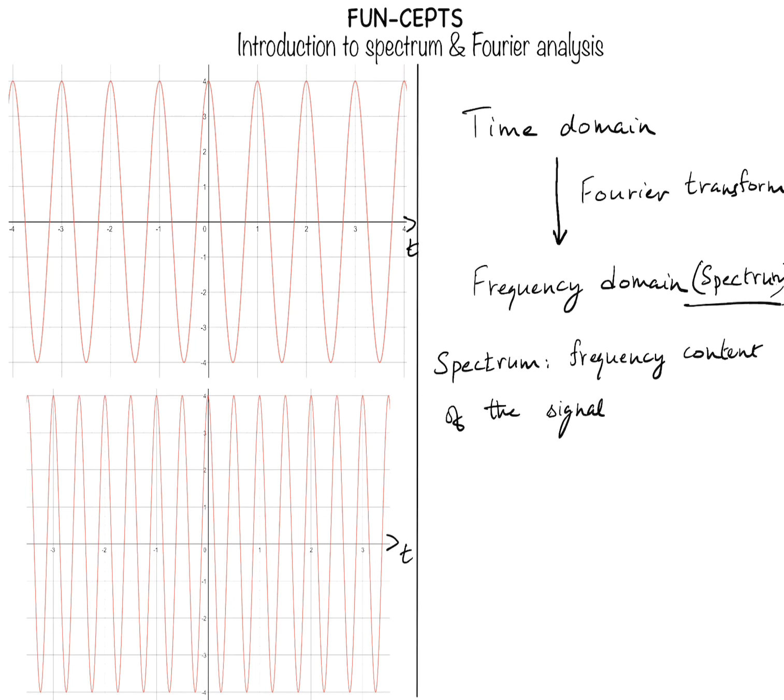But the frequency content itself can be of two types. We can have the magnitude of that particular frequency, but we can also have a representation of the phase at that particular frequency. So the spectrum contains two pieces of information. The first type is the magnitude spectrum, and then we have what is called the phase spectrum.